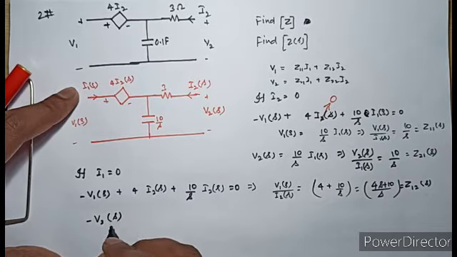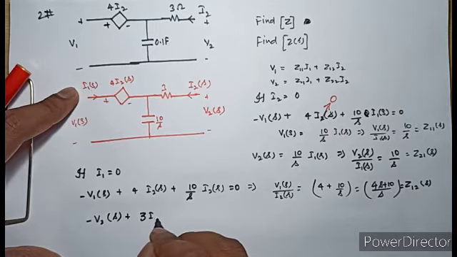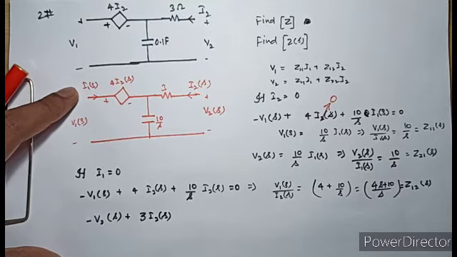Also minus V2s plus 3 I2s. Now I am writing KVL, basically this is coming from this, I am writing KVL in this loop.